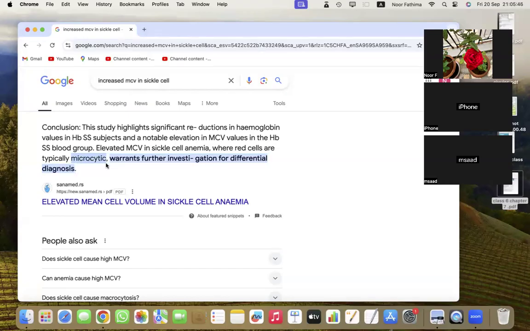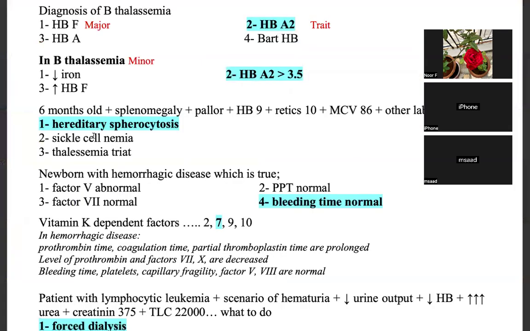It is typically microcytic in both thalassemia and sickle cell anemia. But if you see an MCV elevated, then it warrants further investigation for differential diagnosis. So that means MCV is low in both. So the only option here which we have to choose will be hereditary spherocytosis.